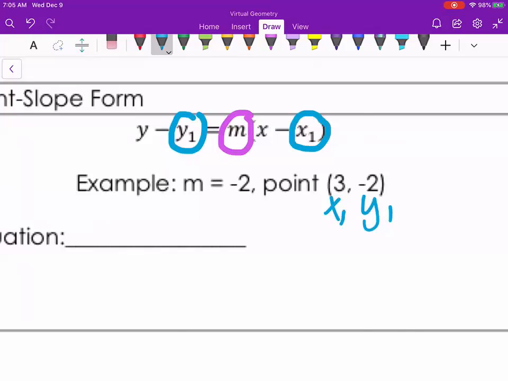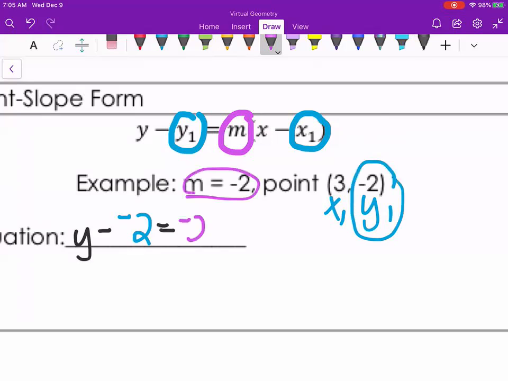The m is still our slope. So we're going to write out this equation. So y, oops, it's trying to change colors. There we go. So we'll start with y minus y1, which is a -2, equals. Our m is a -2 times x minus, and now I need x1, which is a 3.